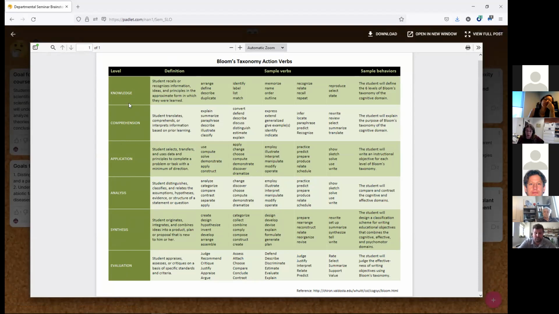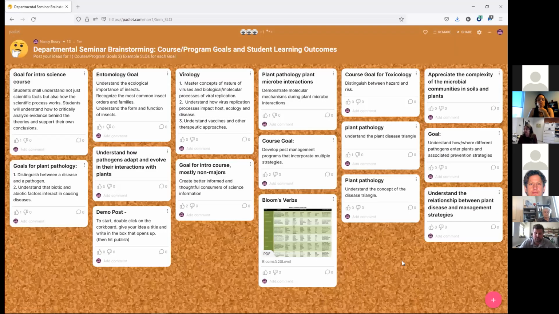And there's nothing wrong with a lower order learning objective. It's just you need to realize that it is a lower order learning objective, and you may want to mix a certain percentage of lower order and higher order ones depending. But everybody who's on the Padlet can click on this and see this as well. And I'm going to back that up.